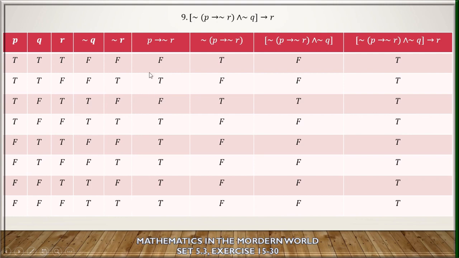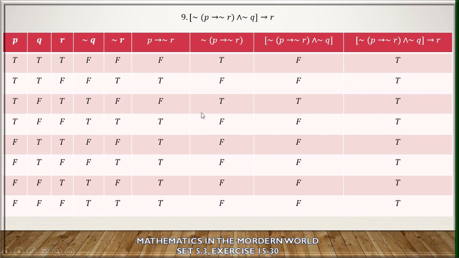Next is the negation of this one. The negation of this one, it will be true, false, false. Next is the conjunction of this negation and not Q. So true, false is false.